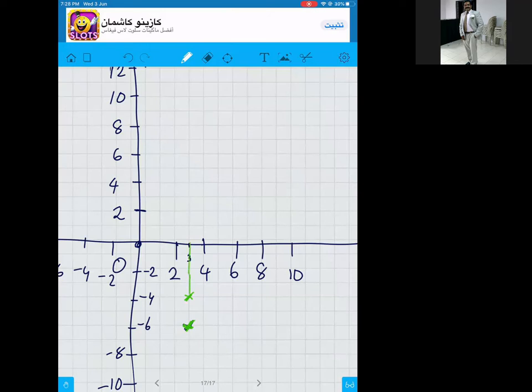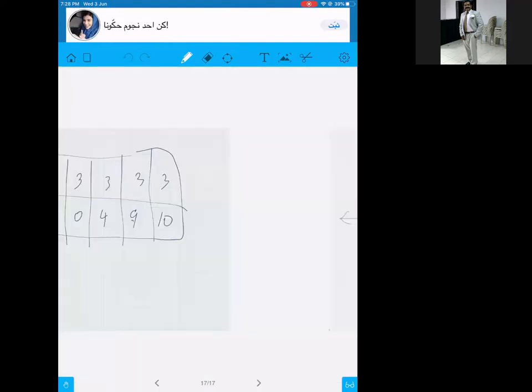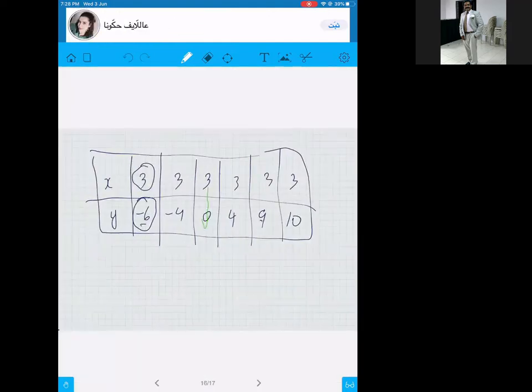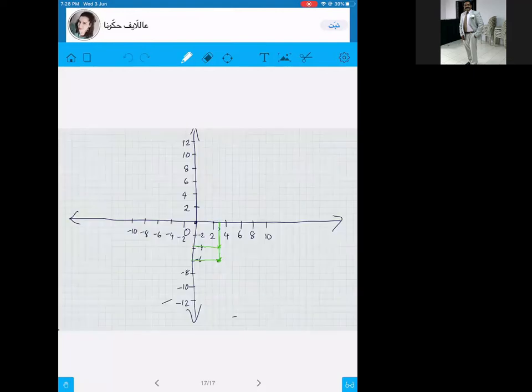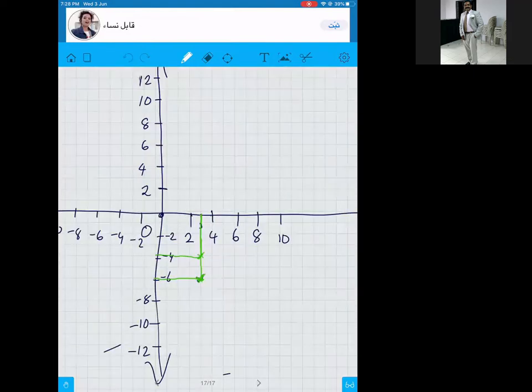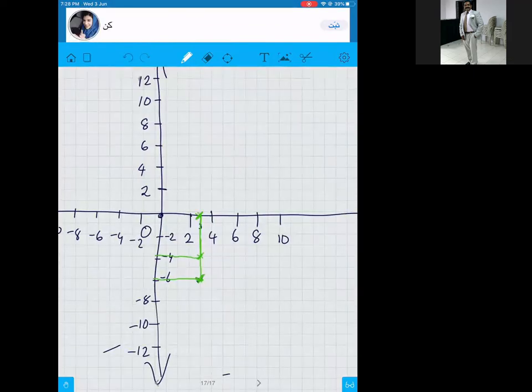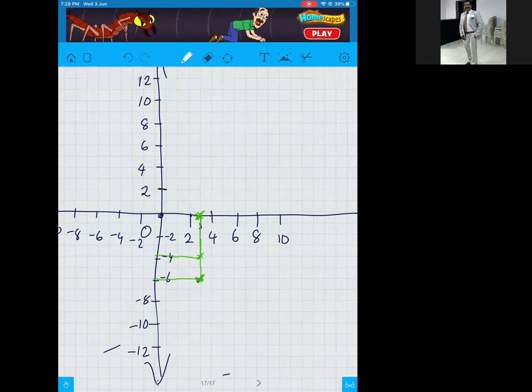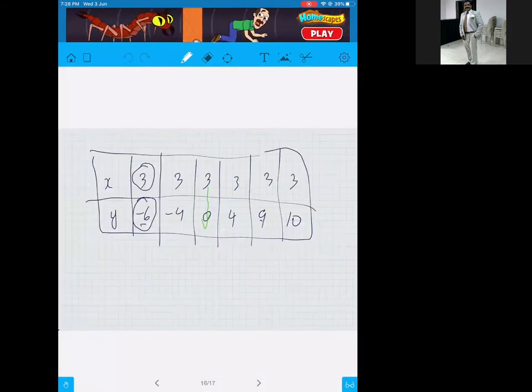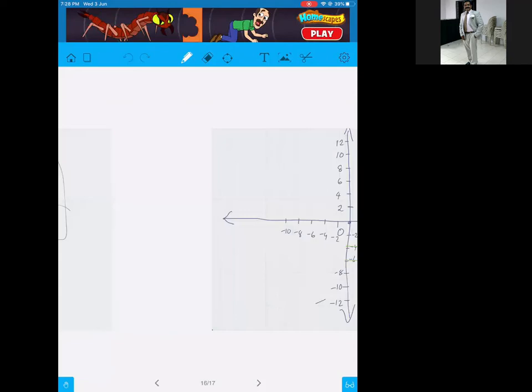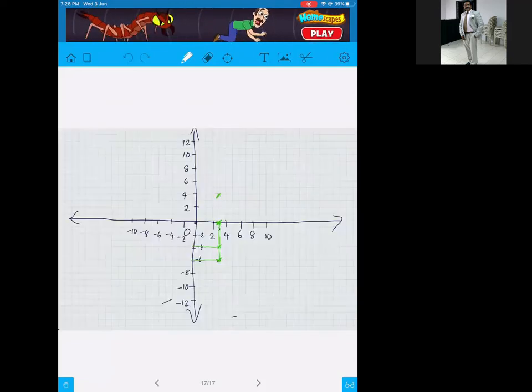When x is equal to 3, y is minus 4. Then next, when x is equal to 3, y is equal to 0, and that is this point. When x is equal to 3, y is 4. So that is this point.